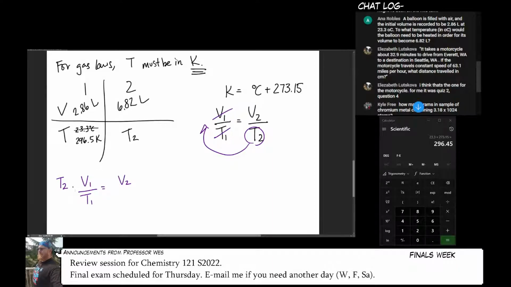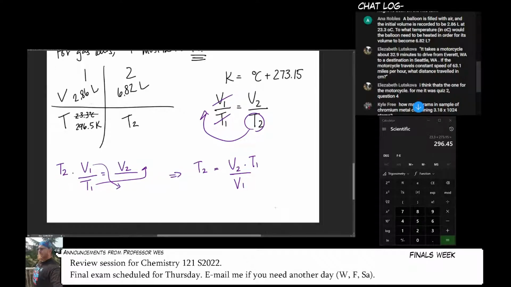And then I'll just divide both sides by V1, so this will go down here, and this will go up here. And my formula would look something like that, right? And now all I have to do is just plug in the numbers.